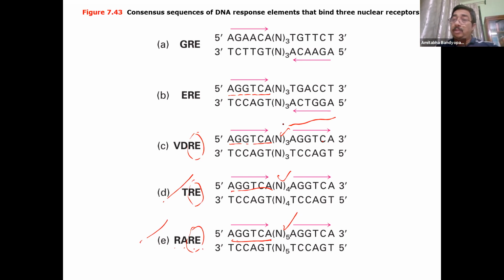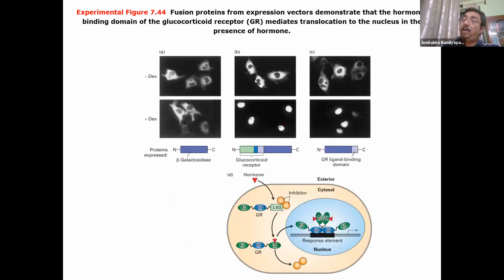vis-a-vis the sequence to which the nuclear hormone receptor will bind, and therefore it does not come as a surprise that the nuclear hormone receptor DNA binding domains are very similar to each other, right? And all of them have the same property that once it binds to the ligand, it moves into the nucleus. This is very simply shown with the glucocorticoid receptor, which normally is in the cytosol.